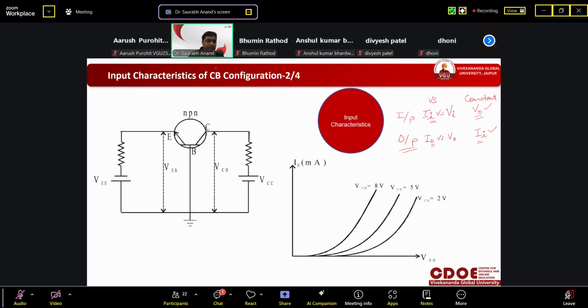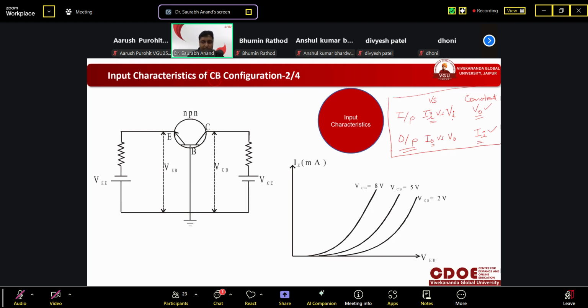This is common for all configurations. So remember it. I will ask in the next configuration, for input characteristics, which versus which and which will be constant. So it is common for all three configurations.